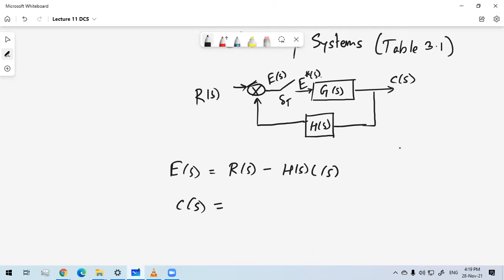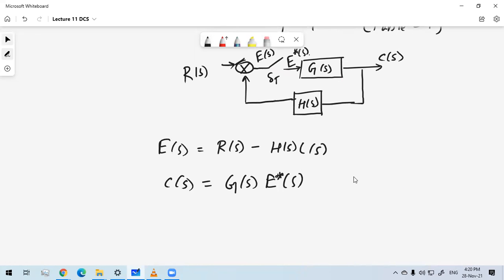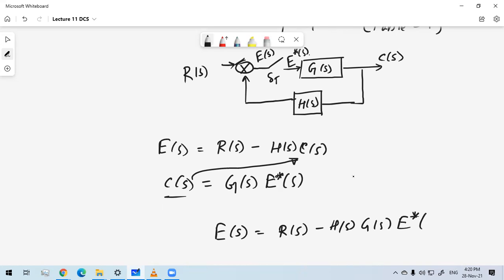C(s) is basically the transfer function G(s) multiplied with the starred error, E*(s). Now again, what is the error E? In the error you have C here, so we can easily replace the value of C from here to here. Then we have our error equal to R(s) minus H(s)G(s)E*(s).